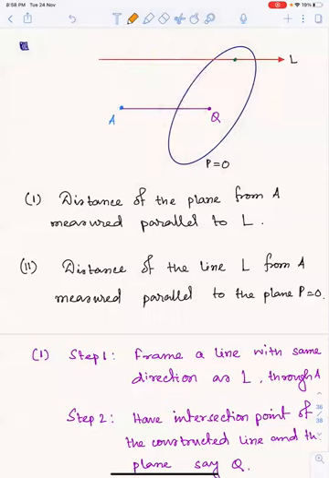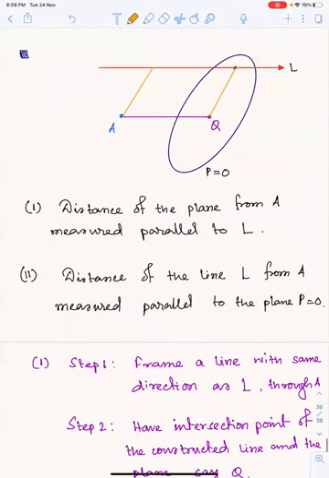The next part, the second requirement: the distance of the line L from A when measured parallel to the plane. If we try to mark it, it is such a distance. But look carefully, if I join the green point with Q, isn't it the same distance? The green point is the intersection point of the given line L and the given plane P equals 0.